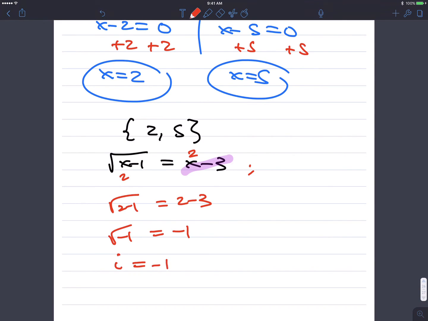That's not true. In other words, plugging in the value of 2 makes my right side equal to a negative. And as you can see, that means 2 is not really a solution here.